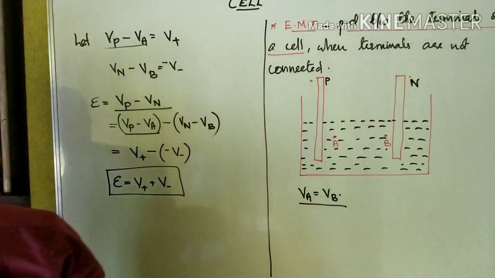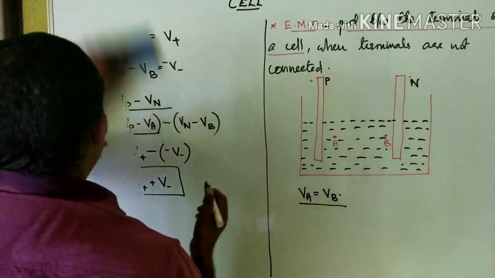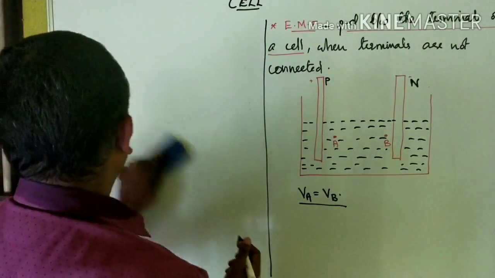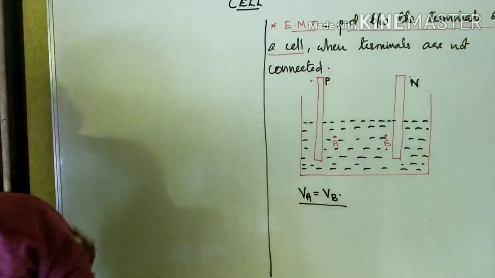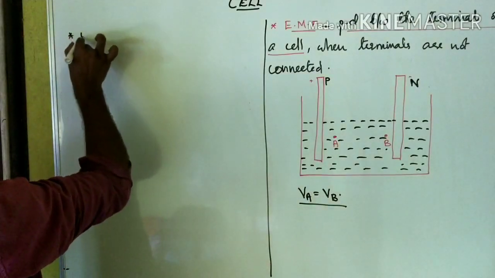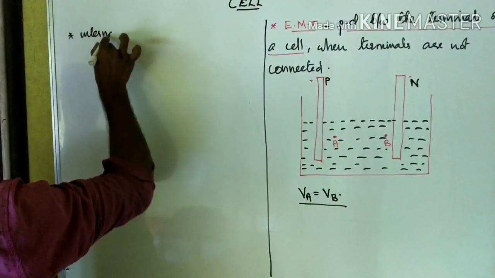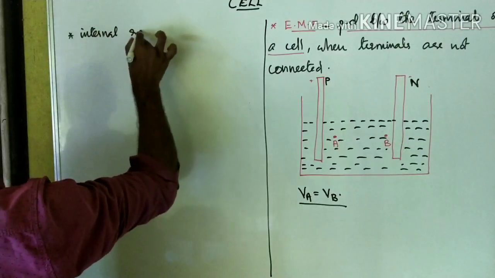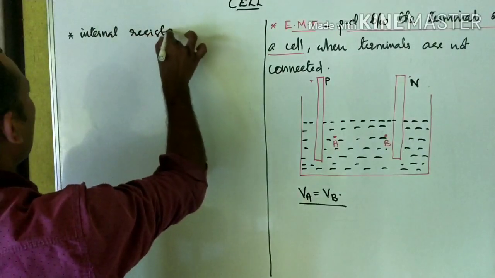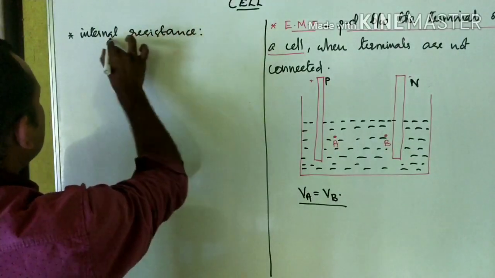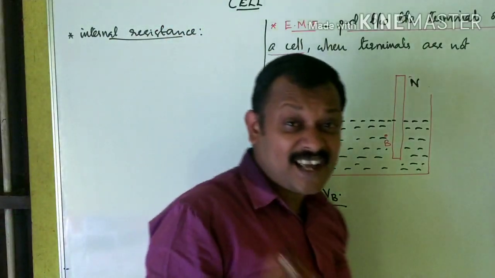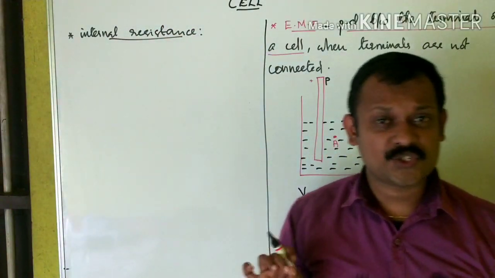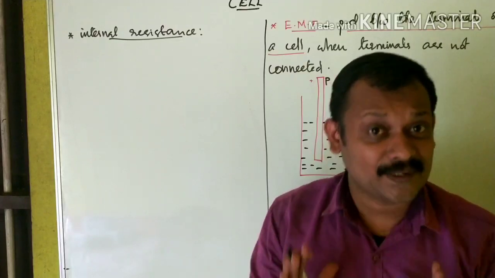Now we will consider the next idea, that is internal resistance. This is very important, I have to say. What do you mean by the term internal resistance? Internal resistance is very simple.